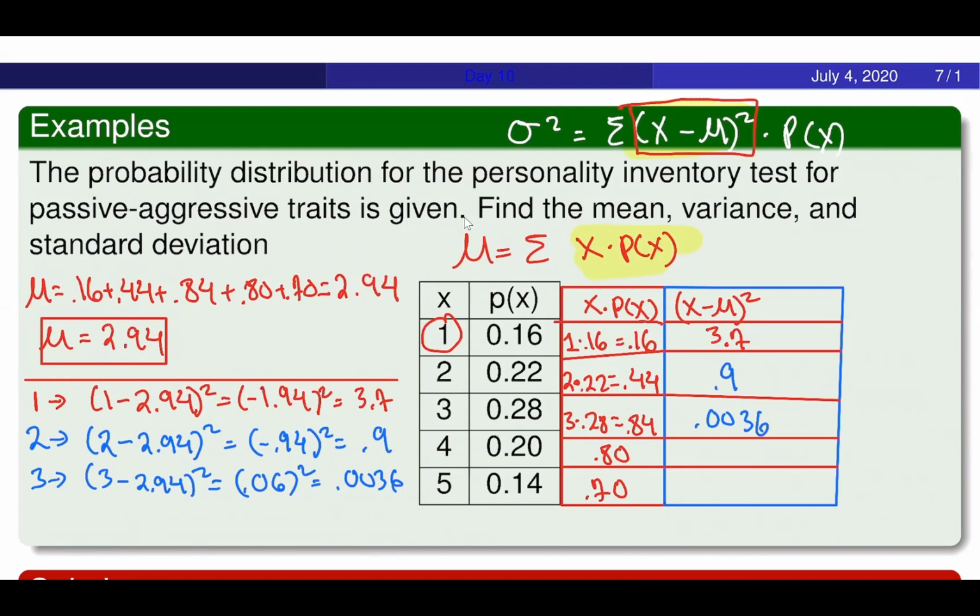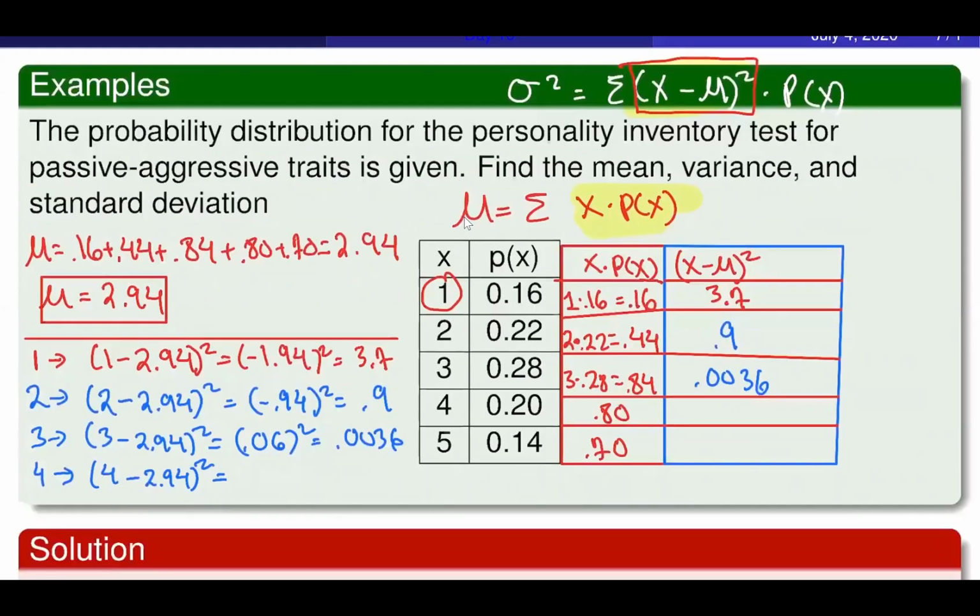Now let's do this for 4. So 4 minus 2.94 squared. If you do 4 minus 2.94, you should get 1.06. You square it, so we'll say 1.06 squared. For this one, you actually get 1.1.